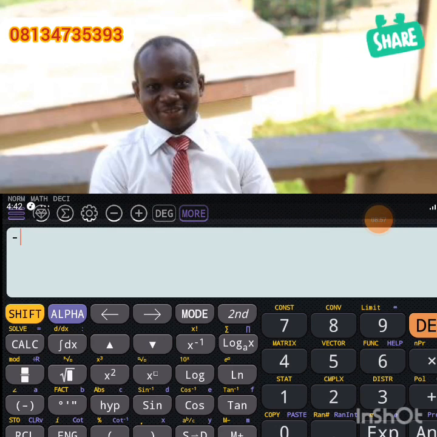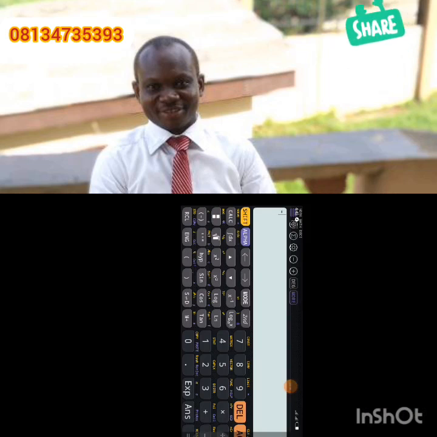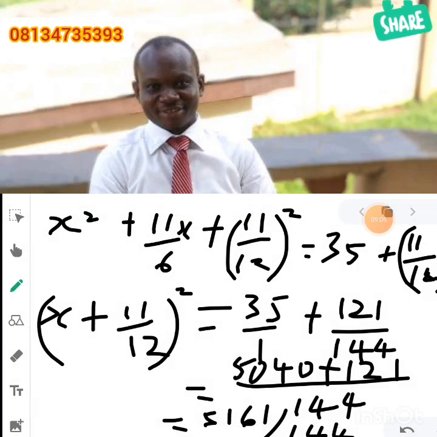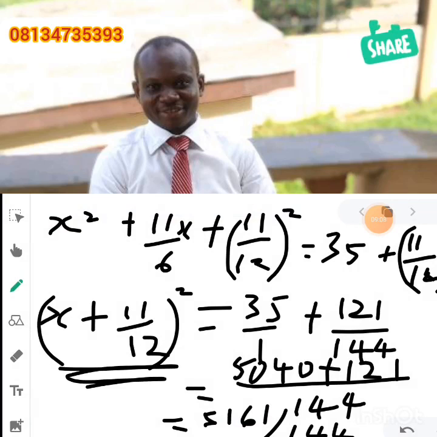So we can move on. Okay, then we have this term here and this term on the left hand side. So x plus 11 over 12 squared is equal to 5161 over 144.